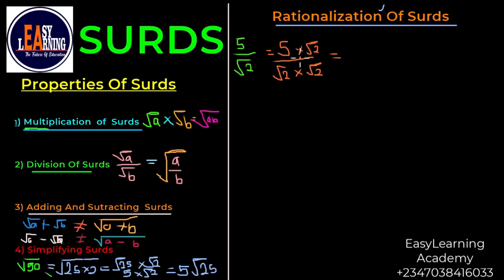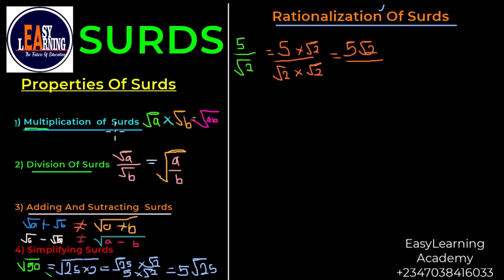Now remember this, we did this: 5 times root 2, just saying 5 root 2, and then all over. Now square root of a number multiplied by square root of a number is that number without the square root. Take for example, let's do this together.